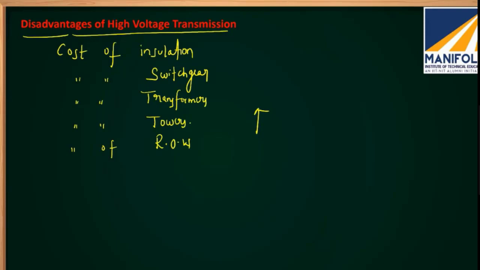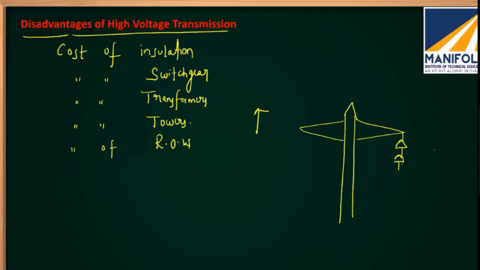So for example, in a transmission line, this is a transmission tower.